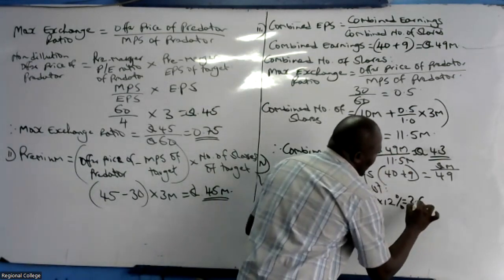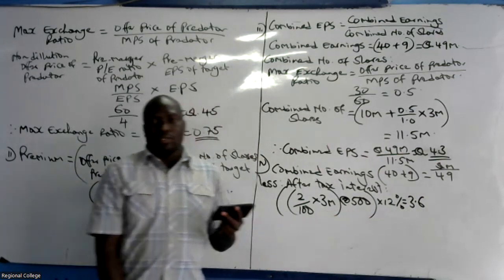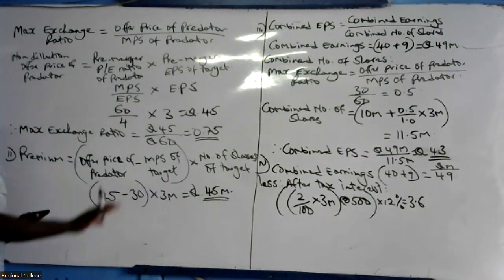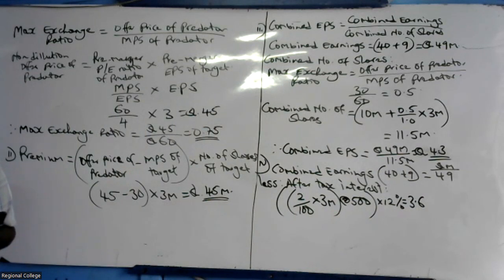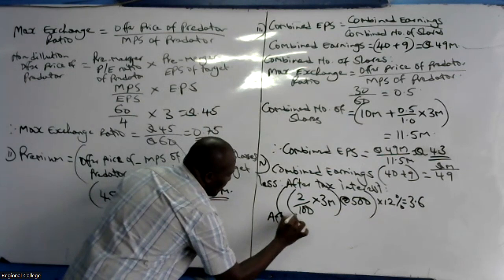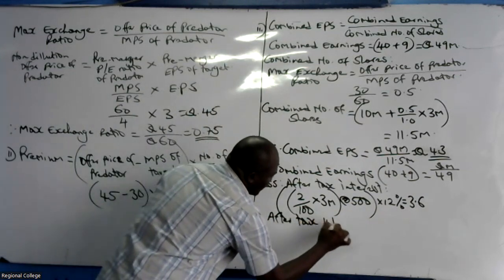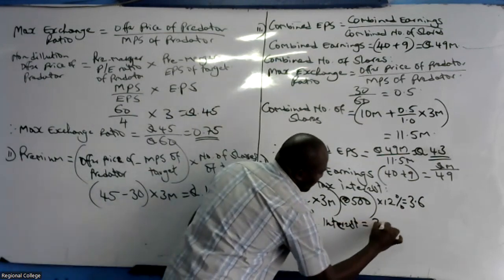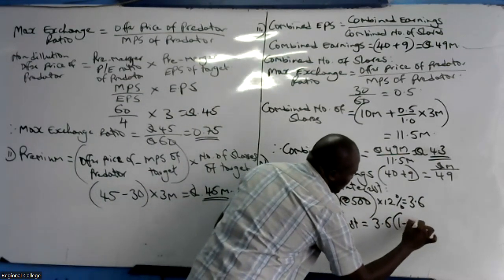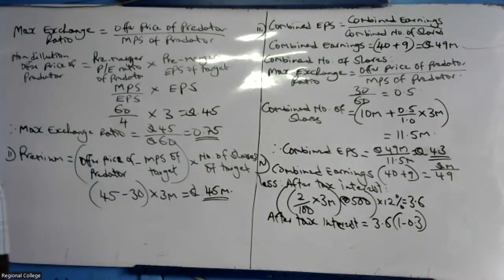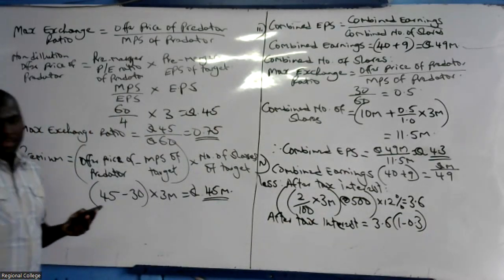So after getting our interest, now we need the after tax interest, which is 3.6 adjusted for tax. So times 0.7, 2.52.